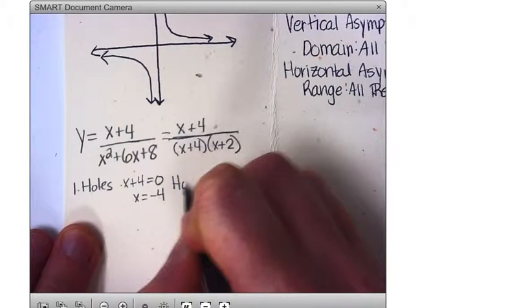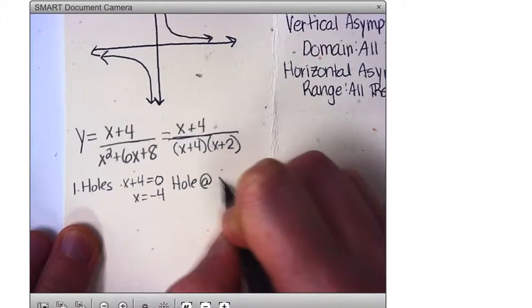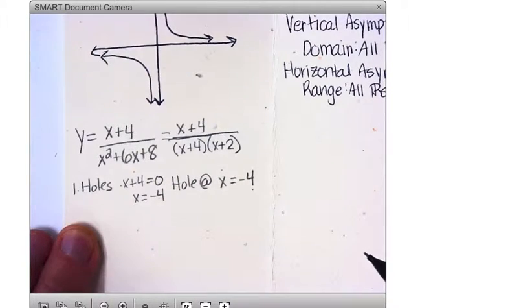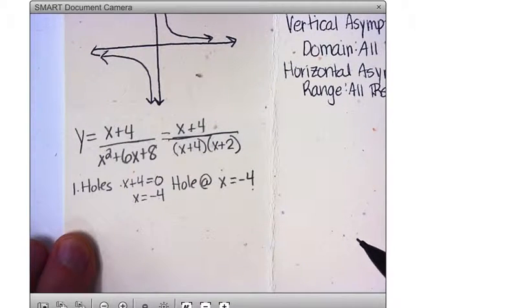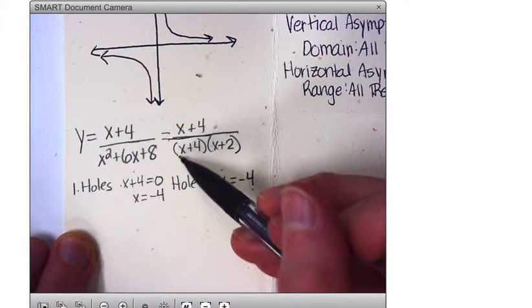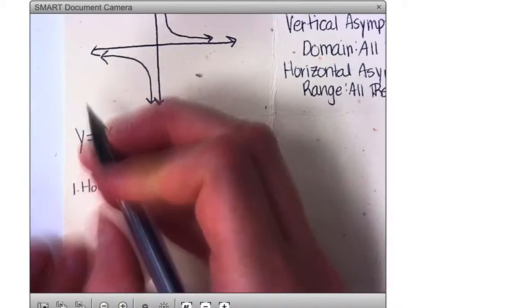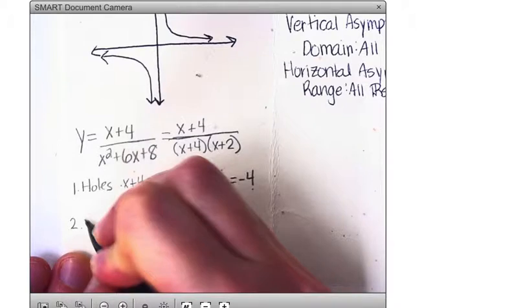So there is a hole at x equals negative 4. How does that make it negative 4? Because you solve for x, subtract 4 over, so x would equal negative 4. It's because you can't put negative 4 in for that x because you'd have 0 there. Okay? All right, let's do a vertical asymptote.